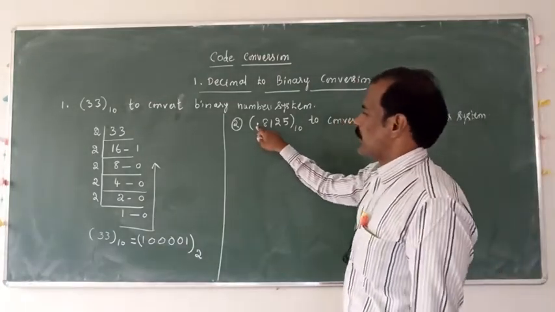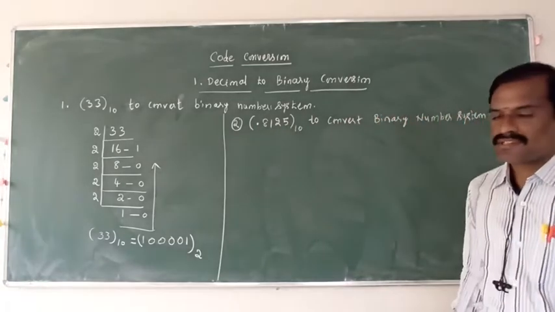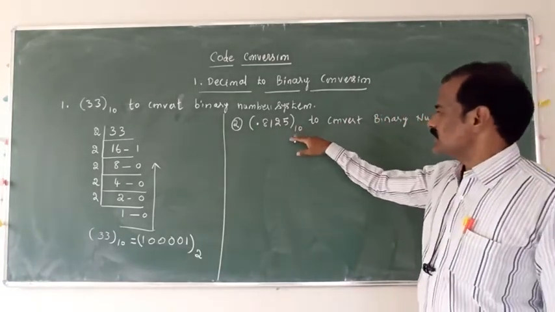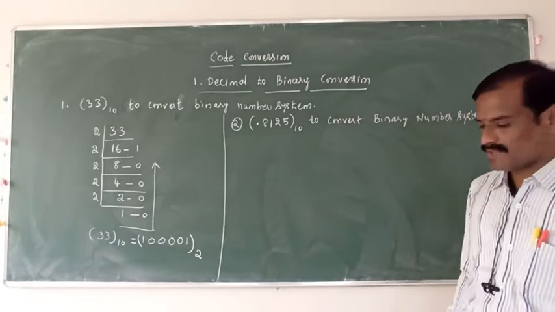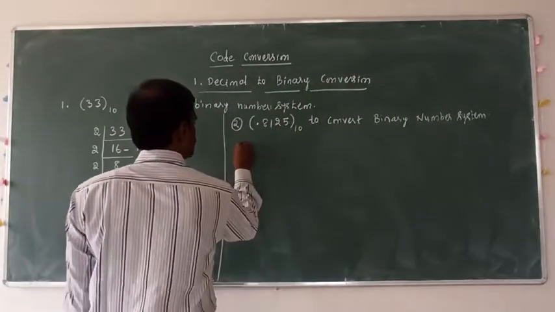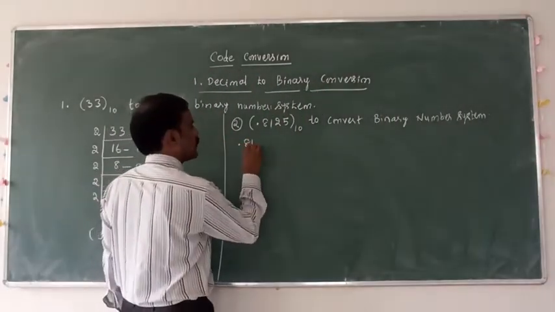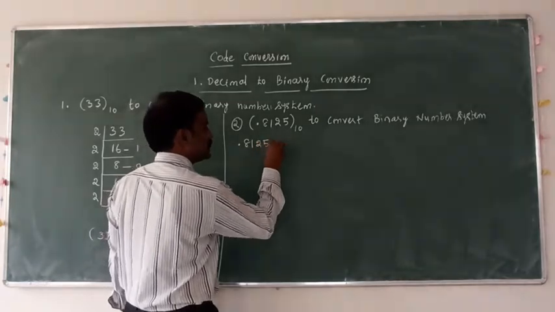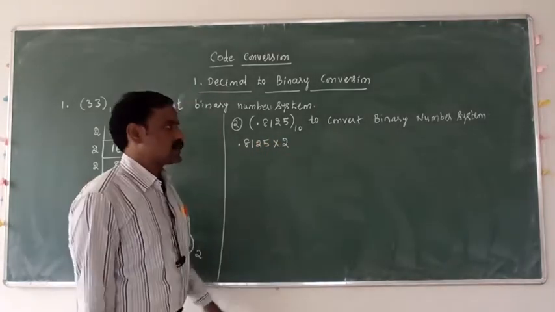Now to convert the given decimal to binary format, first we write 0.8125 times 2. We convert the numbers after the decimal point.